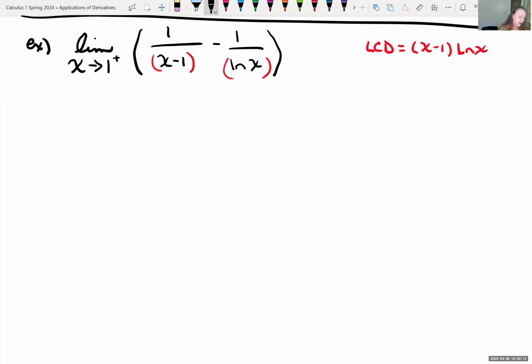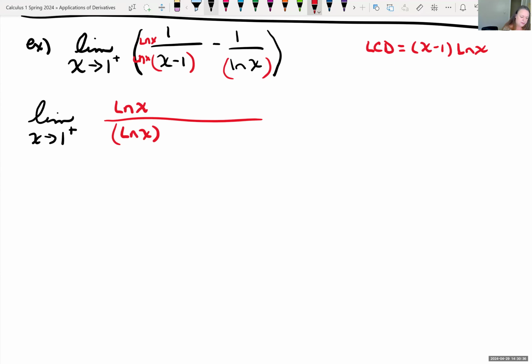And so rewriting this, looking at the limit as x approaches 1 from the right, getting my common denominator, that would give me the natural log of x times 1, all over the natural log of x times x minus 1.